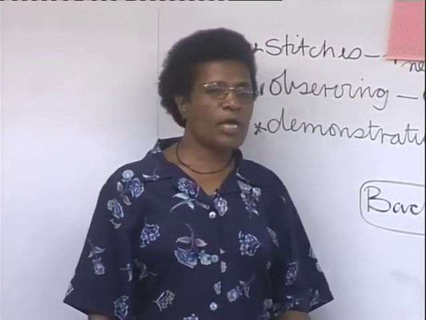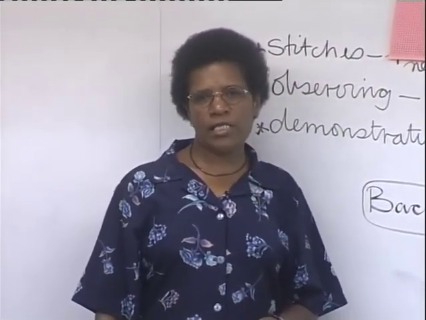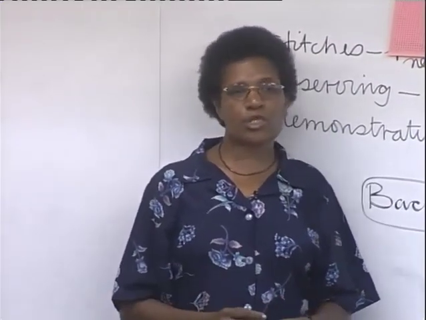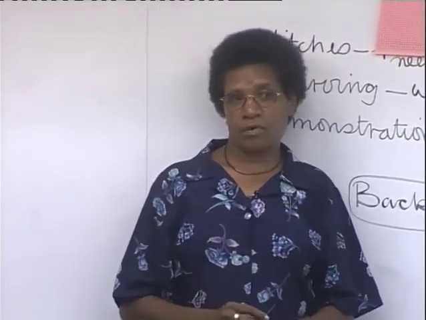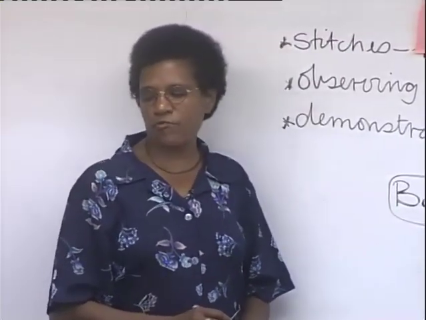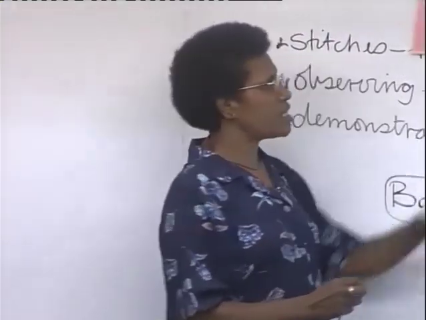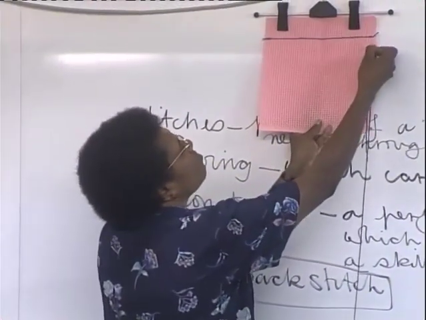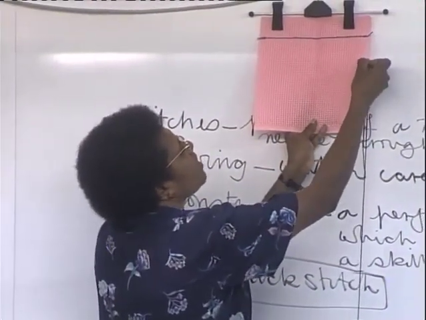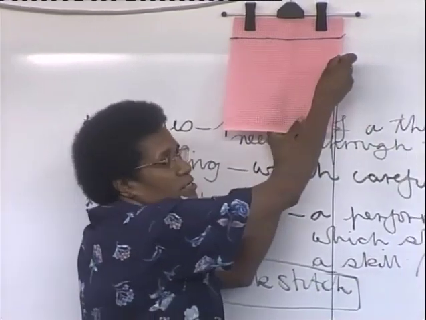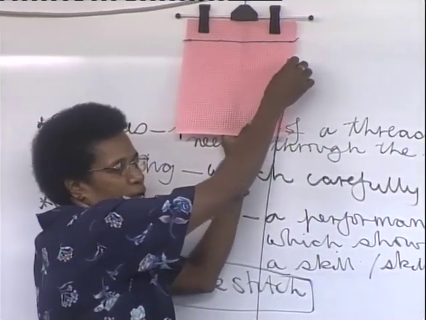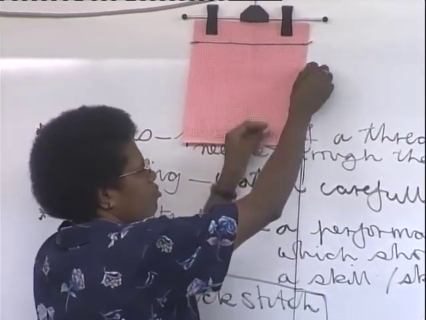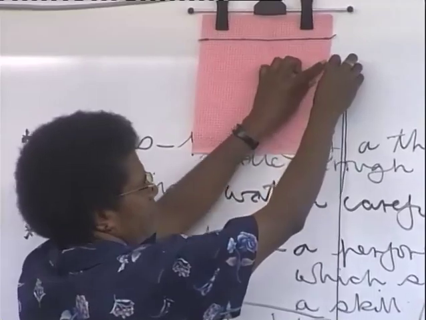Now, we have four steps showing us how the double stitch is going to be done. And the first step says from above the fabric, we push the needle down through the fabric, okay? We push the needle down through the fabric.